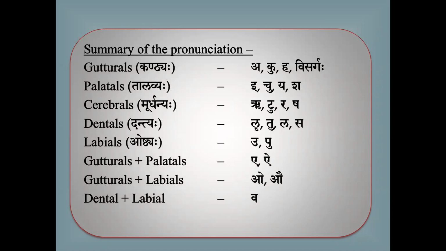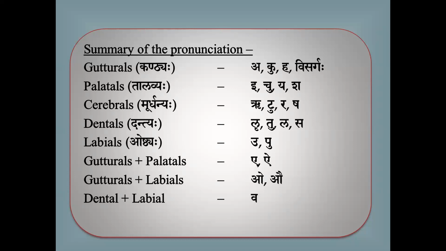Then Murdanya, cerebrals. The vowel R and Tavarga letters, referred to by the technical term Tu, and Ra, the semi-vowel, and Sha, the sibilant. These are cerebrals: Ru, Tu, Ra, Sha.